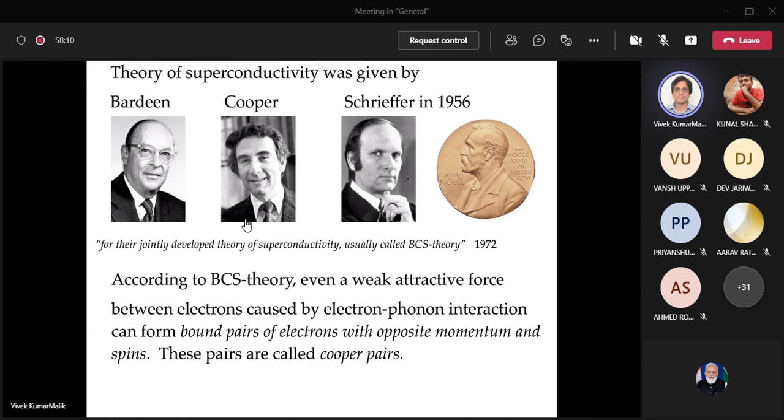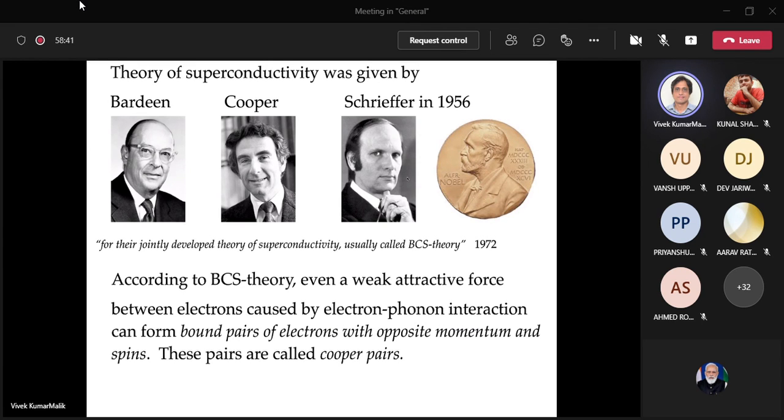It's something like this: an electron comes, and because there is a positively charged background of atoms, at a particular location they start to be attracted towards this electron. Since the background ions are heavy, the electron which is moving can go away, but meanwhile the lattice would still be deformed, and it forms a kind of field which can attract another electron.